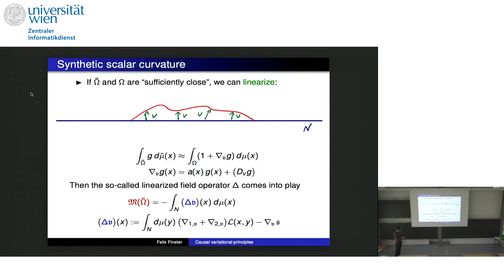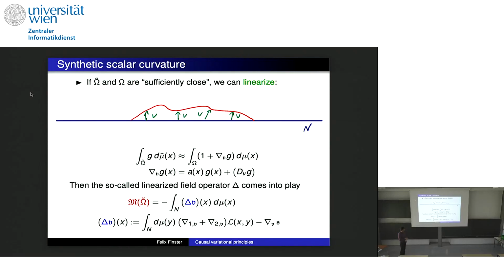I should say maybe also from here on, we should better assume that space-time, that n here is, say, a three-dimensional manifold. Okay, in fact, not necessarily, but it's a bit easier to do it that way. So in other words, we can introduce here a linear operator, which is in fact non-local, because this non-local kernel comes up.